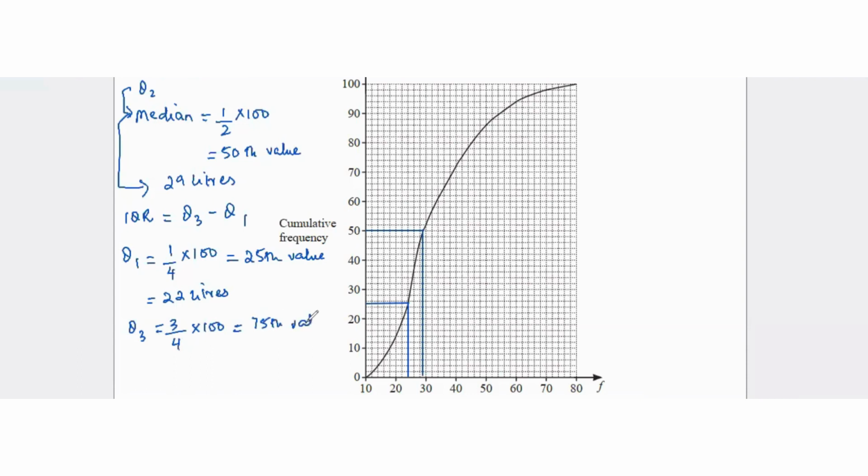Reading the graph over here, that is 42 liters. So your IQR, the interquartile range, is 42 minus 22, which is 20 liters.